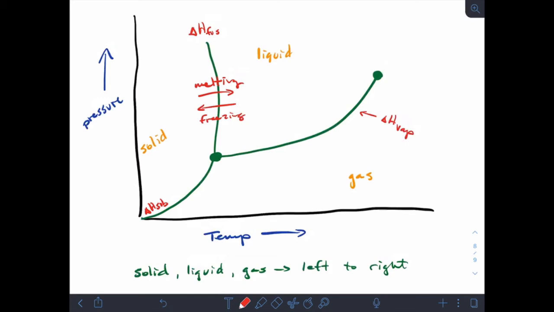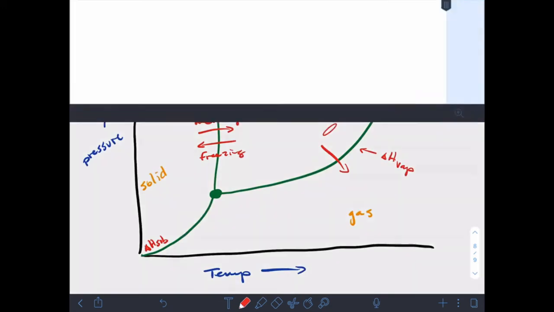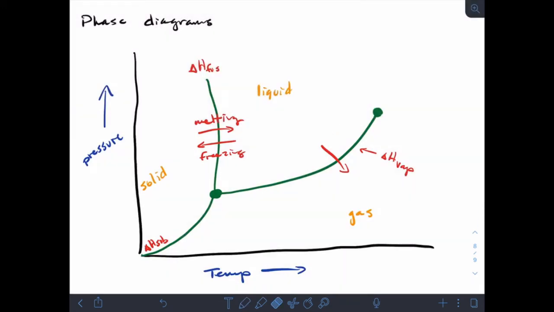And across my liquid gas line, that direction, I've got vaporizing, right? And coming back the other direction, I've got condensing, right?